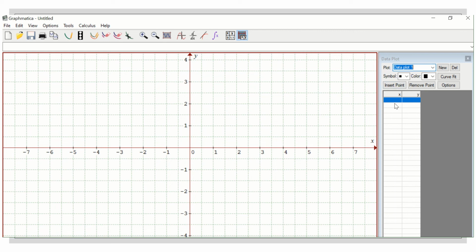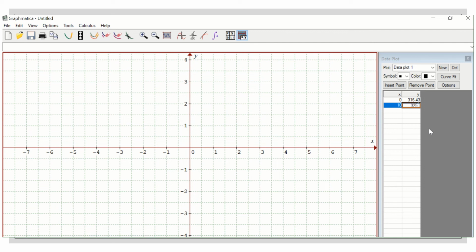So since we started at 1960, we are going to assign 0 to that. And then the amount of carbon dioxide was recorded to be 316.43 parts per million. And then 1970, so that's 10 years from 1960, so we put in 10.